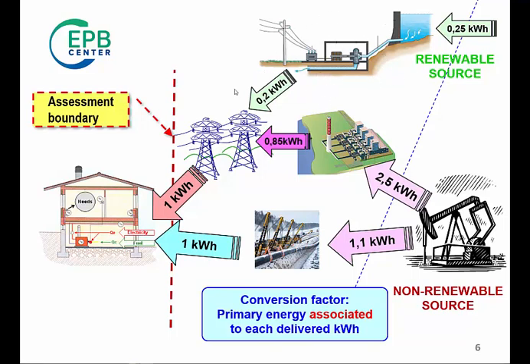So in this case, we will have to take into account that for each kilowatt hour delivered, we had to use both some non-renewable primary energy and some renewable primary energy. And these two accountings will be kept separate for non-renewable and for renewable primary energy.